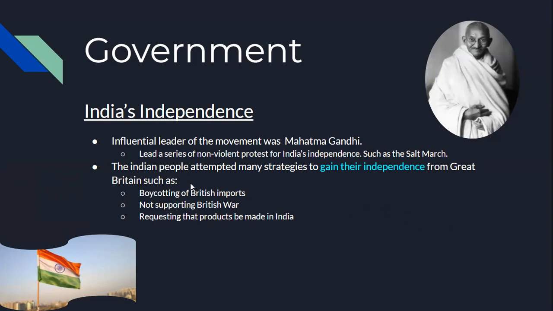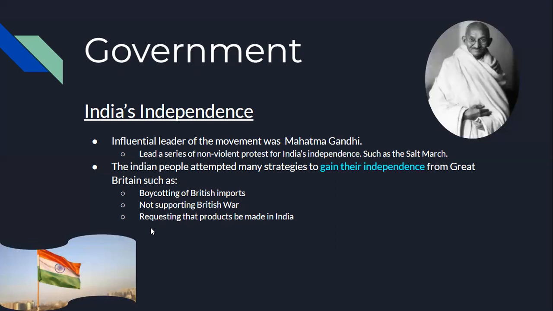Now, there are also many other strategies that the Indian people utilized to gain their independence. So a few of the strategies that they utilized to gain their independence from Great Britain were boycotting of British imports, such as textiles or clothing. They also did not support British war.